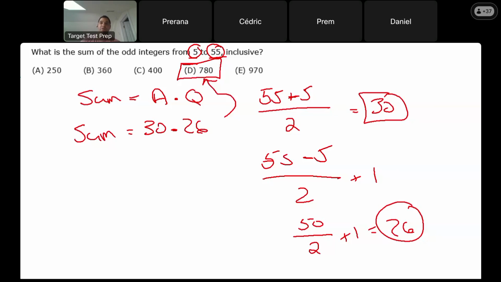From time to time, they'll give you a really weird formula in evenly spaced sets. I don't know what it is. I think they're attempting to get you to use it. It's like n times n plus 1 divided by 2 or something.